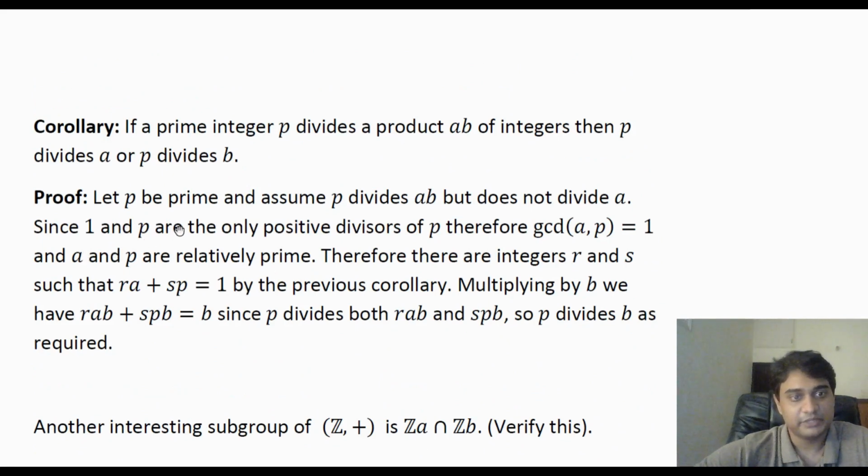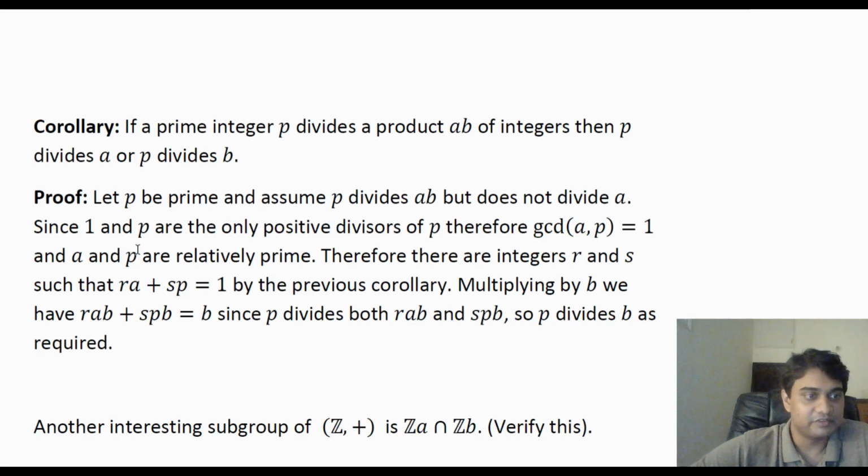So let p be prime and assume p divides ab but does not divide a. Then p being prime, 1 and p are the only positive divisors of p. Therefore, the greatest common divisor of a and p will be equal to 1, because the only divisors of p are 1 and p.